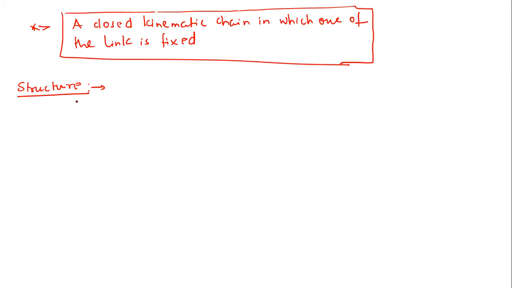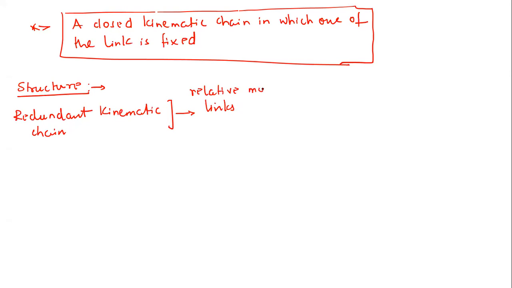Structure, right? Before going to the definition of a structure, let me define the redundant kinematic chain. So what is this? In a redundant kinematic chain, the relative motion between the links is absent.